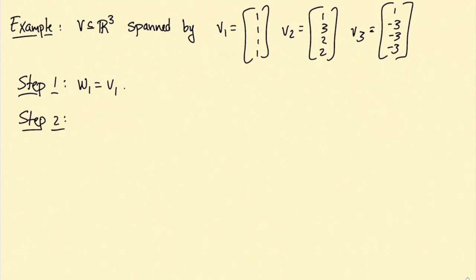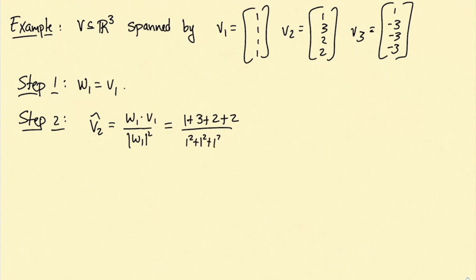Step 2. We'll first compute the orthogonal projection onto the line spanned by W1. Using the orthogonal projection formula, this is the same thing as W1 dot V2 over W1's norm squared times W1.